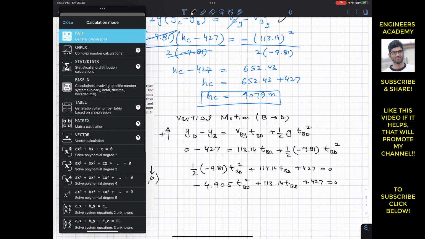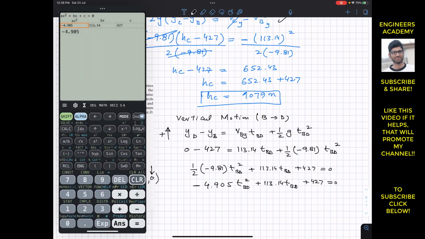So now let's solve this polynomial. The coefficient of tbd square is minus 4.905, the coefficient of tbd is 113.14, and the constant is 427.